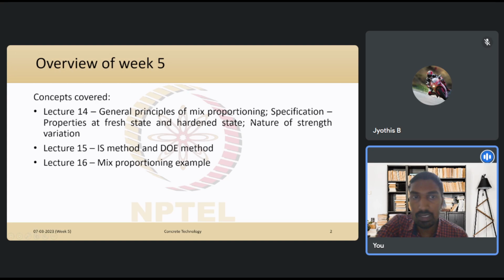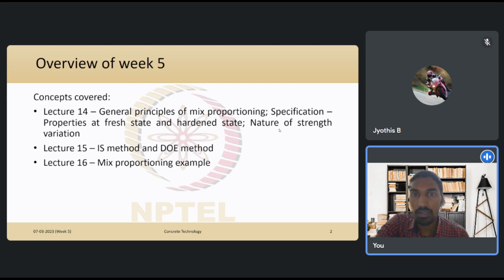And also towards the end of the first lecture, we looked at the nature of strength variation, right? If we take a particular type of cement, a particular type of aggregate, so we fix all the materials to the same thing, but when we make different specimens out of the same set of ingredients, we would not always get the same strength out of it, right? Even though we take M30 grade of concrete and a particular type of sand, particular type of aggregates, if we cast multiple specimens out of it, we will be getting different strengths.